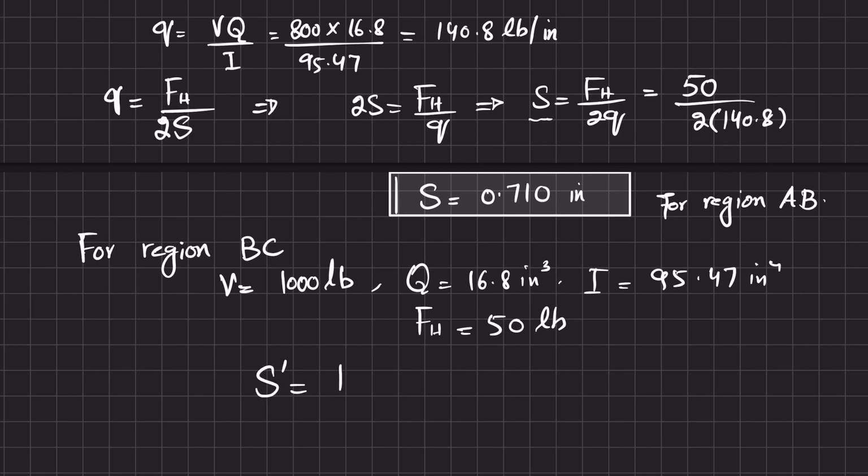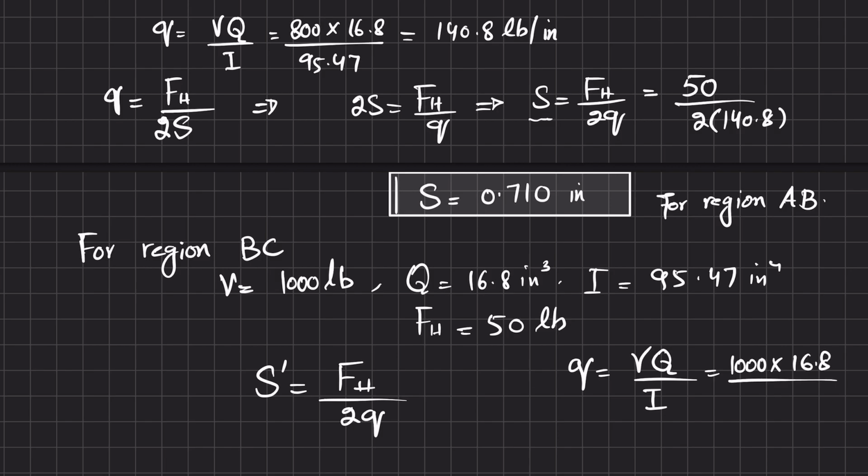So s dash is equal to FH over 2q, and q is equal to VQ divided by I. So V is 1000, Q is 16.8, and I is 95.47. So you will get a shear flow equal to 176 pounds per inch.